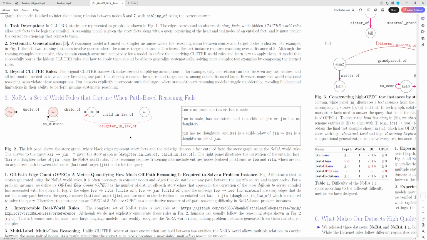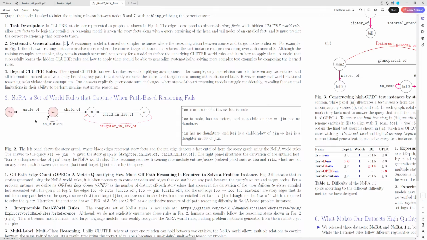So the reason for considering this example is that here in the derivation, we had to use these edges that were not on any path between the source and the target node. So these 2 nodes in the story are the source and the target, and these edges lie on no path between the source and the target.